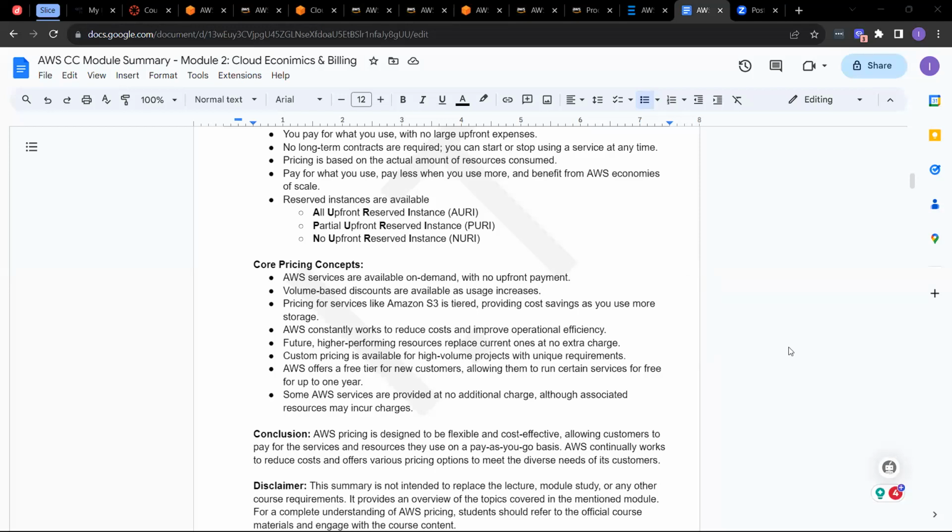So for high volume users, there is custom pricing that also helps them save cost.